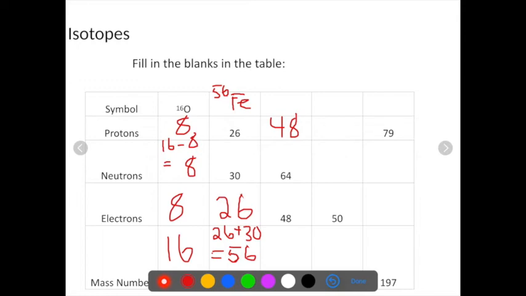That's going to be cadmium, and Cd is the symbol. To find our mass number, we take protons plus neutrons, and that gives me 112. So we have cadmium 112 as the isotope.